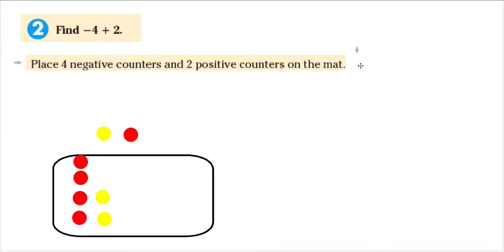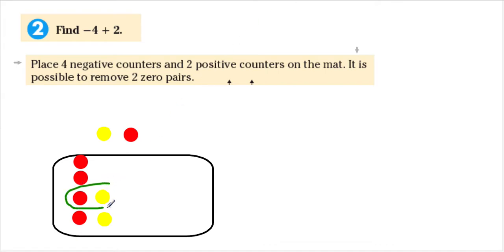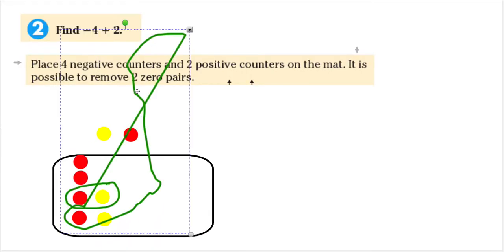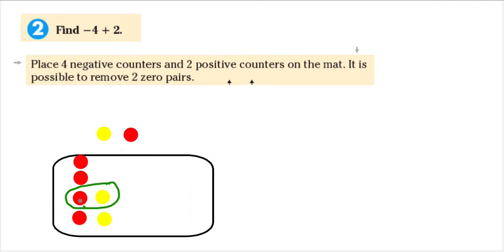Okay, next. It is possible to remove 2 zero pairs, and these are our zero pairs right here. It's 2, and these 2. Nope, not that one. Okay, do that again. These 2 we take out.